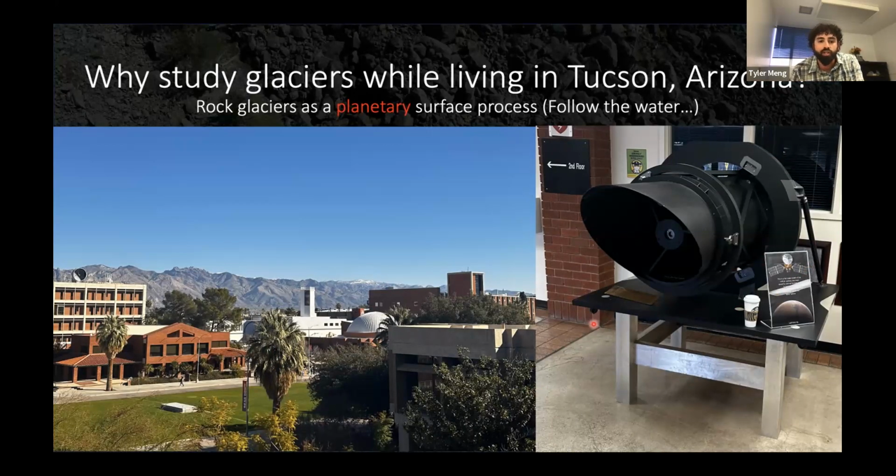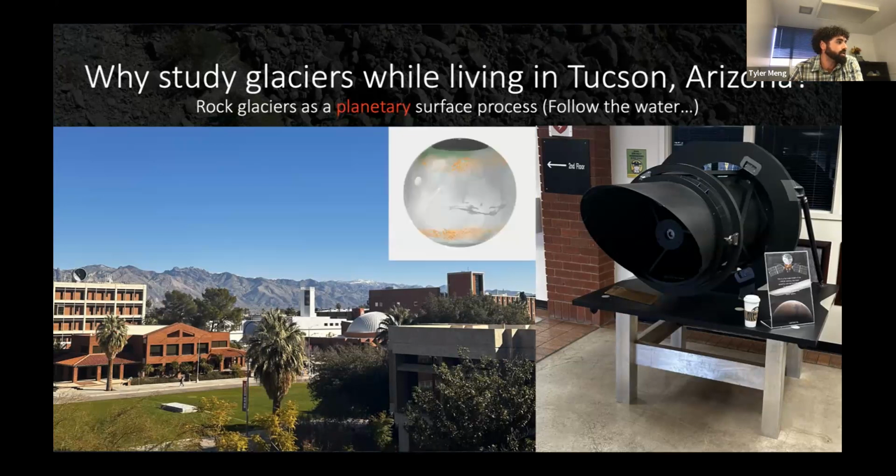So those operations are based out of the U of A. So with all of that together, with the focus on planetary sciences here at Arizona, it is a great place to be studying Martian glaciology and the analogous processes that occur both on Earth and Mars.